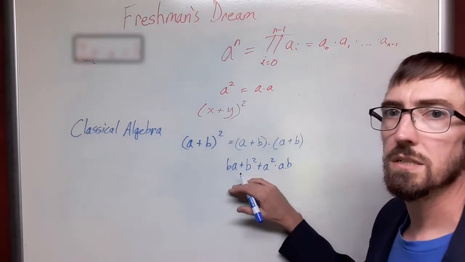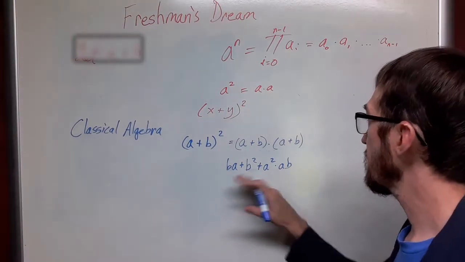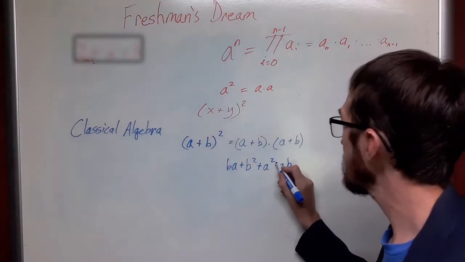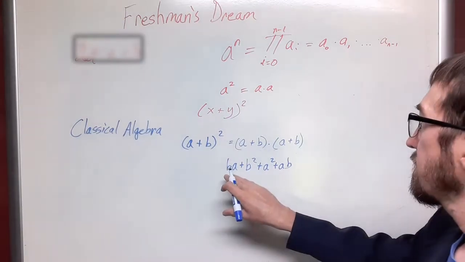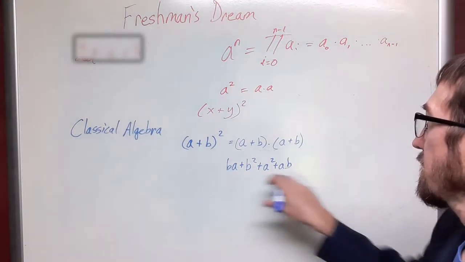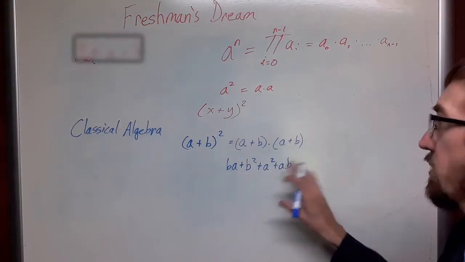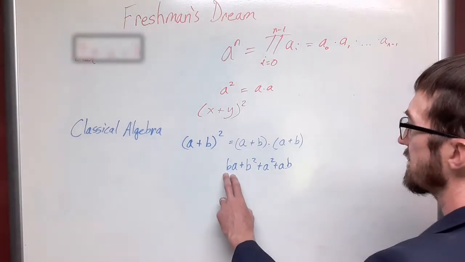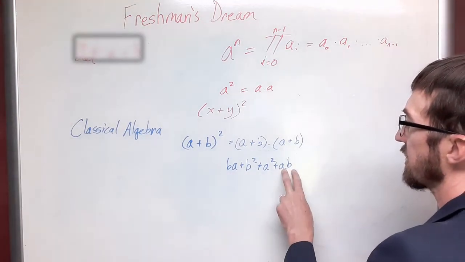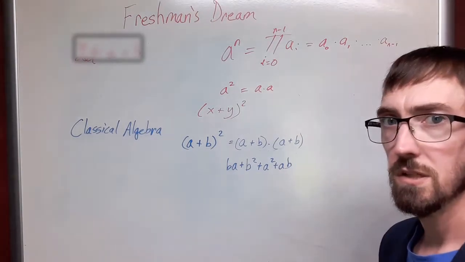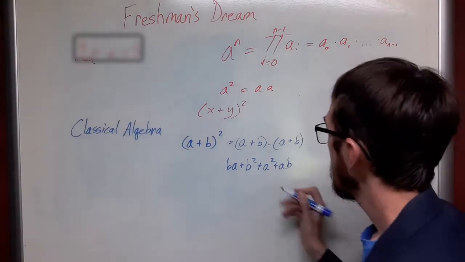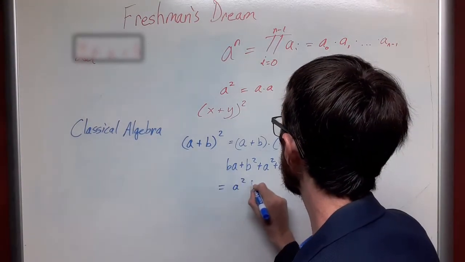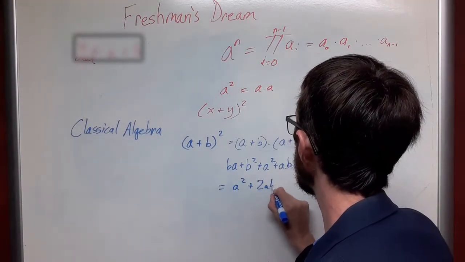So then we look at simplifying whatever we can and adding. This is addition. So we have b squared, I don't have any like terms. A squared, I don't have any like terms. This b times a and a times b, because of the commutative property, is the same product. So we have two of those. So we end up with a squared plus 2ab plus b squared.